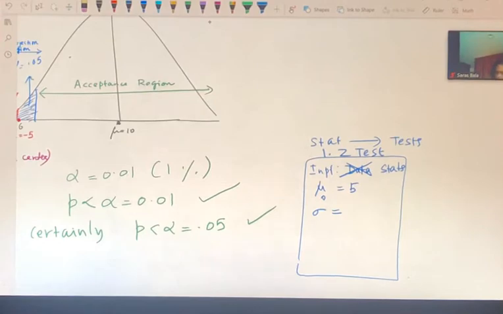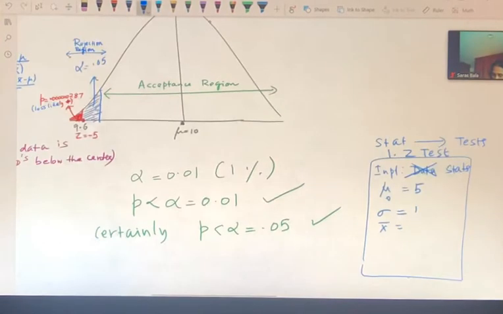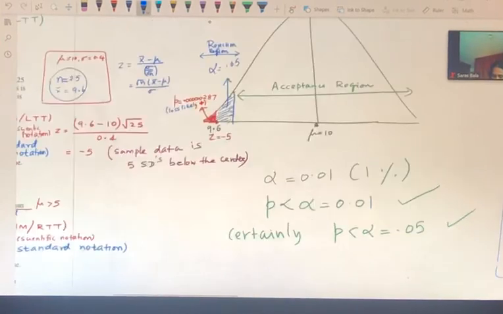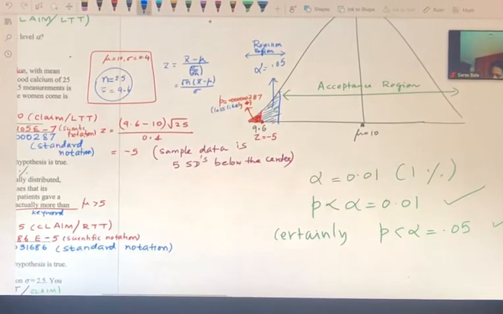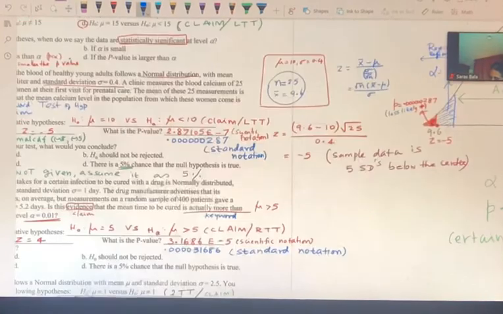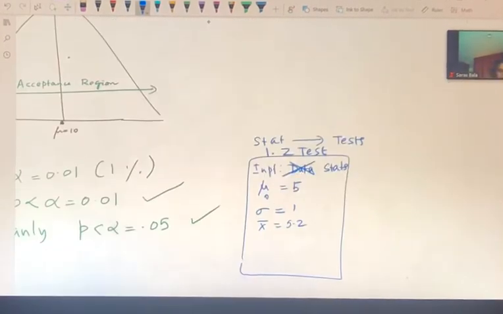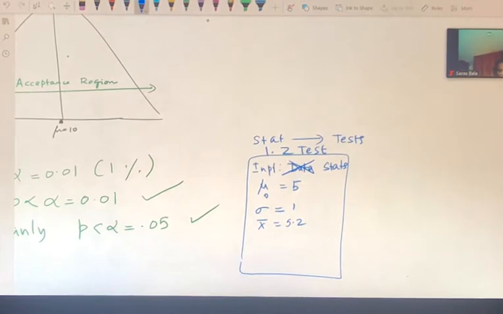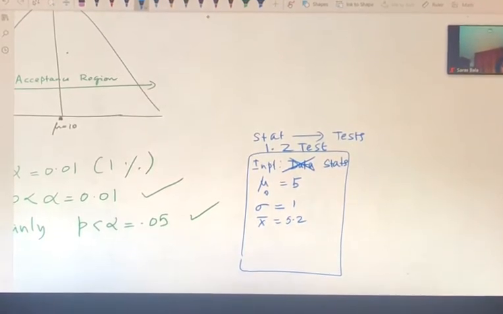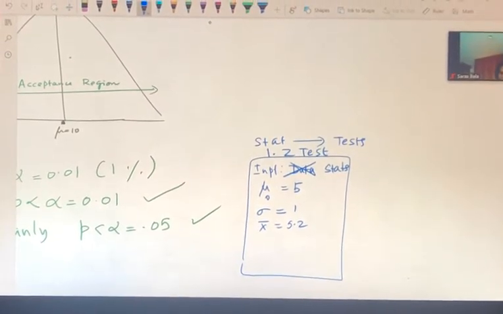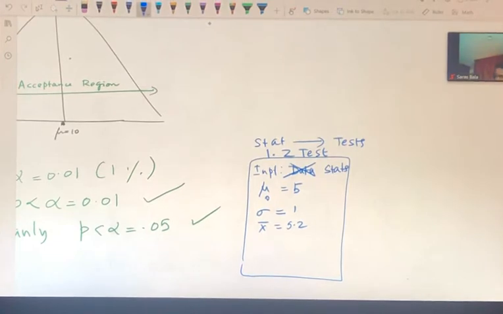And then it's asking what the x bar value is. It's going to be 5.2, so I'm just going to plug in the value 5.2, and n is 400.